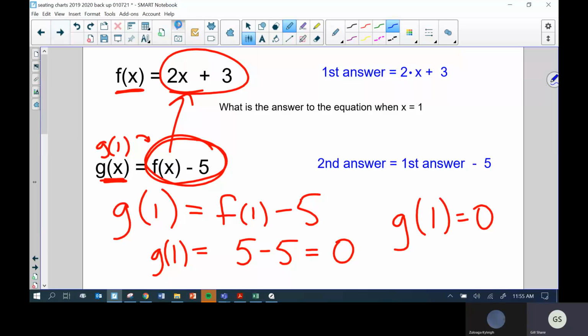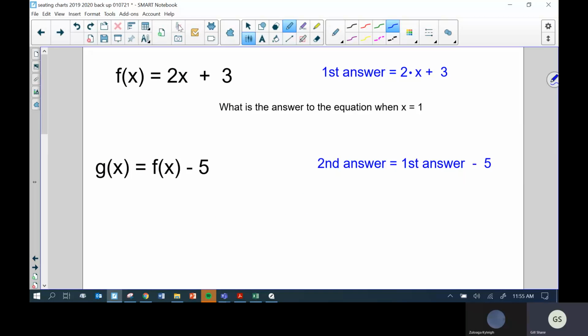where we said, okay, well, all this means is that the second answer that I want, the final answer really in this case, is just dependent on the first answer, and then take that first answer and subtract 5. That's the way we learned it. That's what all this means. So the first answer is this. So I'm going to solve out this equation right here.